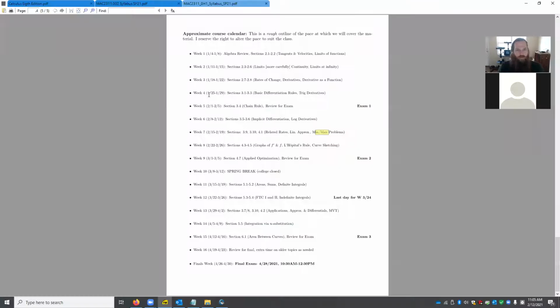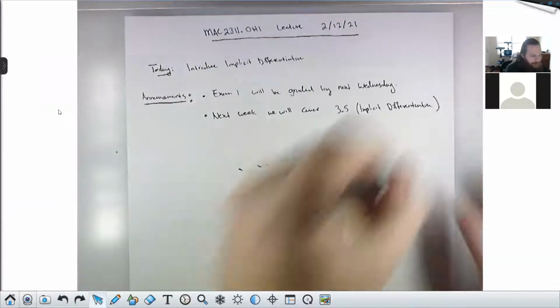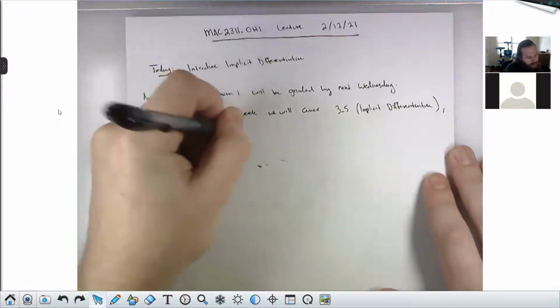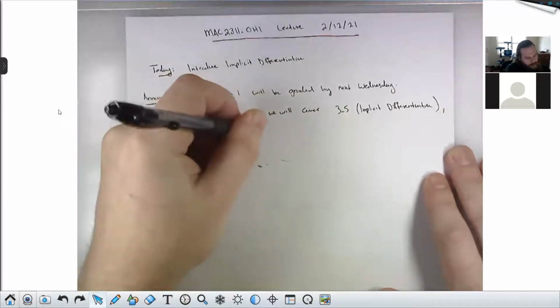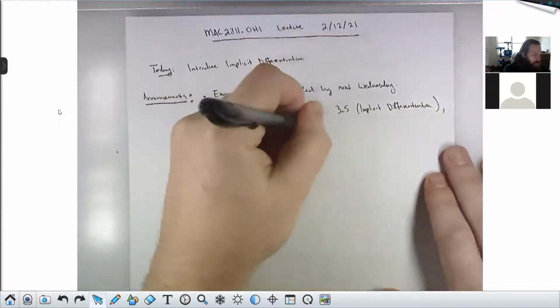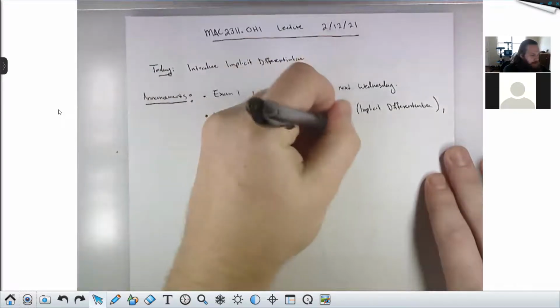Section was at 3.6, is that related rates? No, 3.9 is related rates. So we jump around a little bit here. And then there's the student taught section, which is 4.1 on min-max problems.